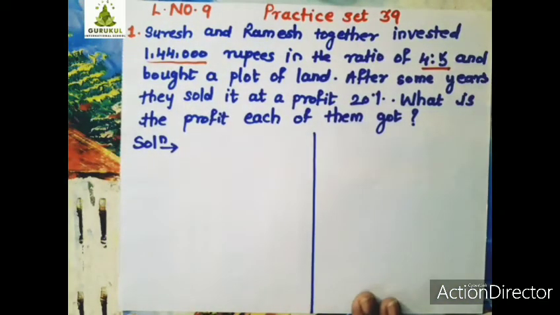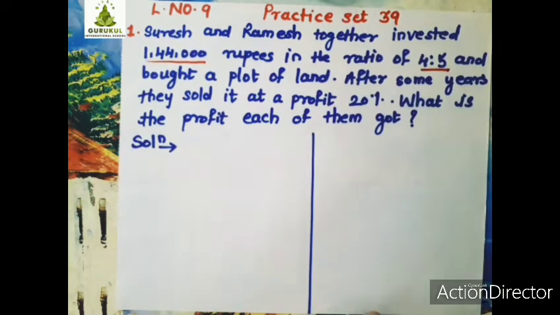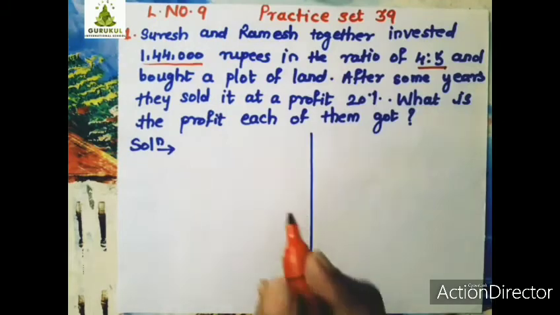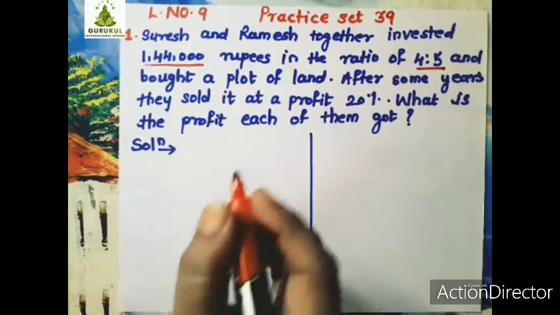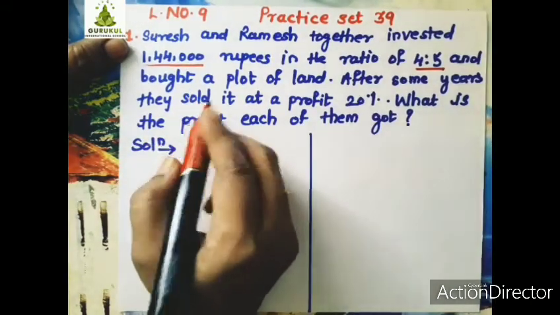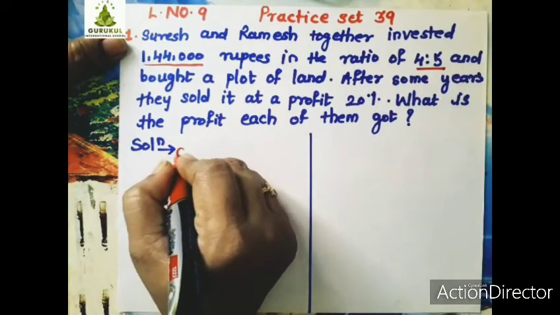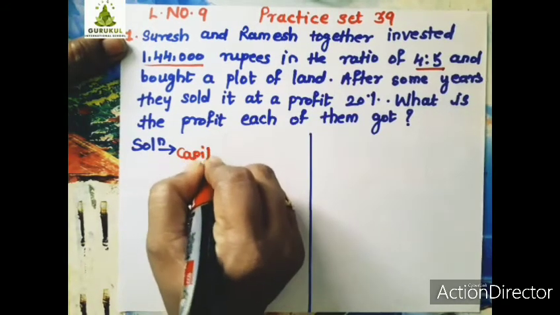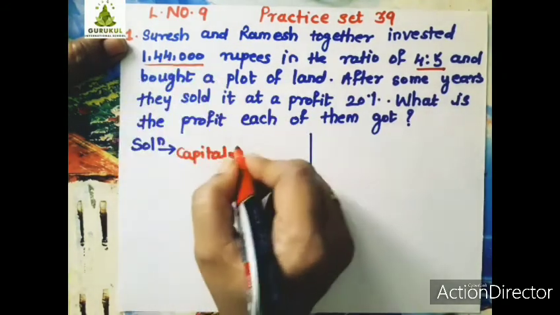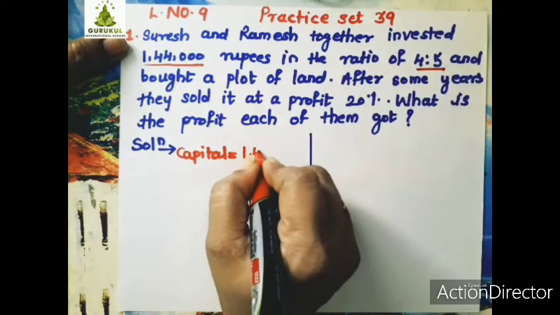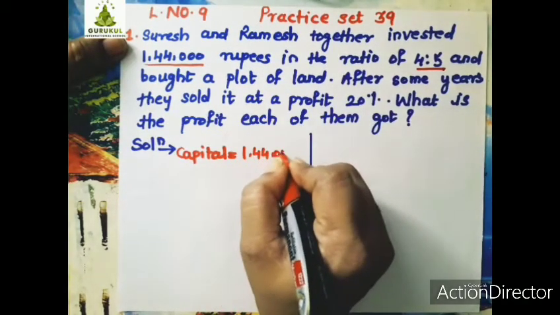Now how to solve this sum? There are 2 to 3 steps for solving these sums. First of all, we have to write down the given information. Okay, how much they have invested, or capital, is 1,44,000 rupees.